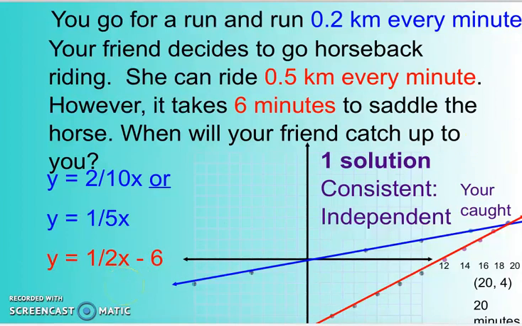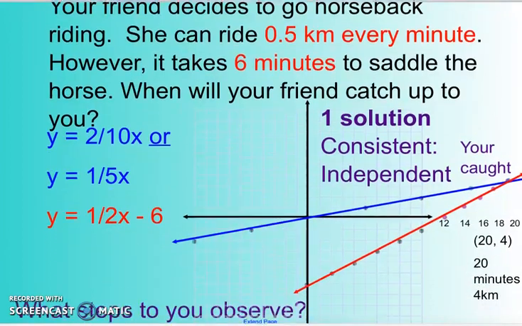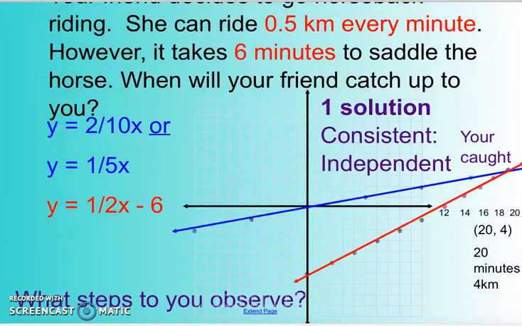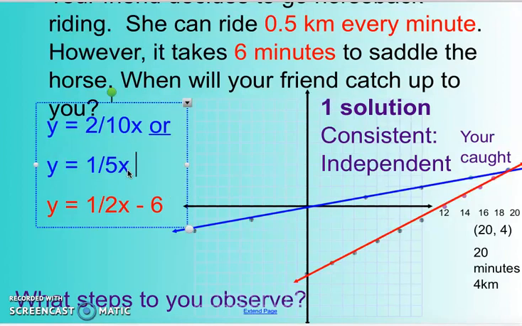Now, what do you notice is the next step after creating these equations? Well, it looks like actually these lines were plotted. And we've learned in the past how to plot a line. Remember, we always start with the y-intercept. And our y-intercept in this case for you is 0, because there's nothing there.